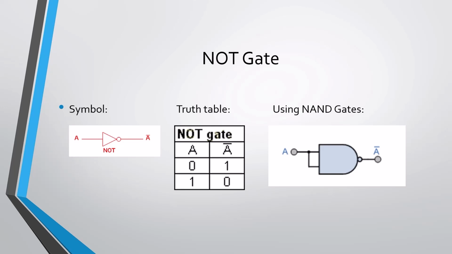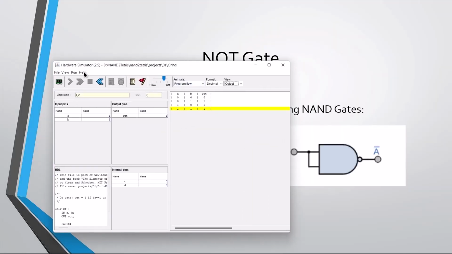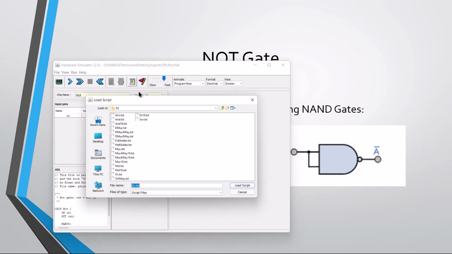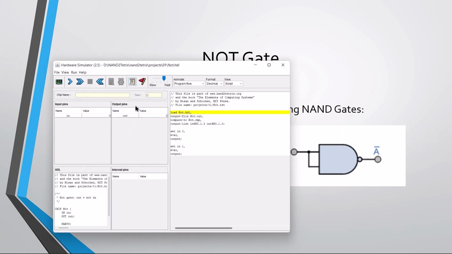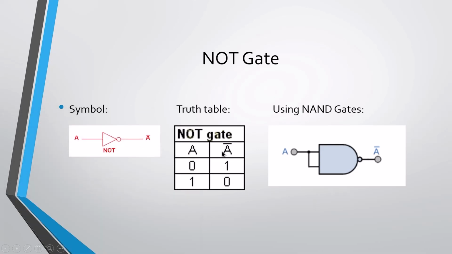The symbol, table and representation using NAND gates. And in the simulator, as we can see here, input 0 gives output 1, and input 1 gives output 0, which matches the truth table.